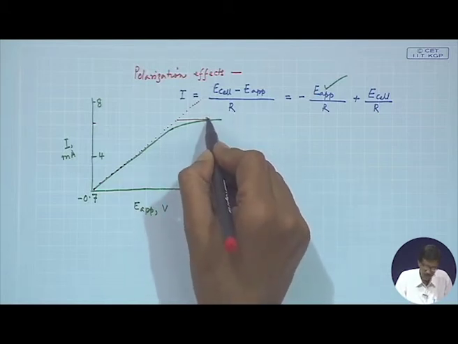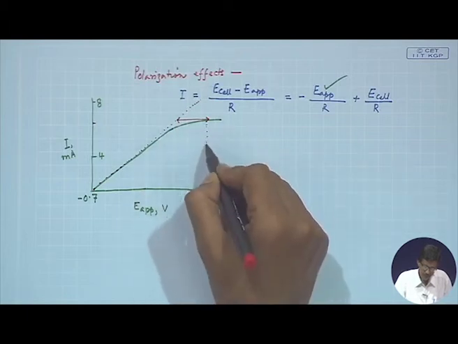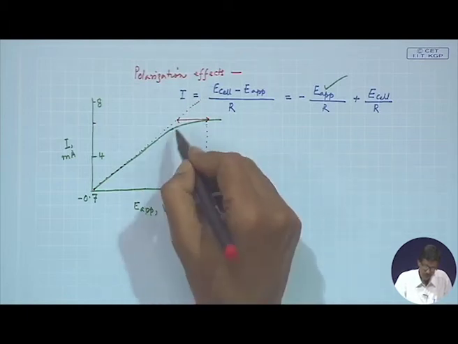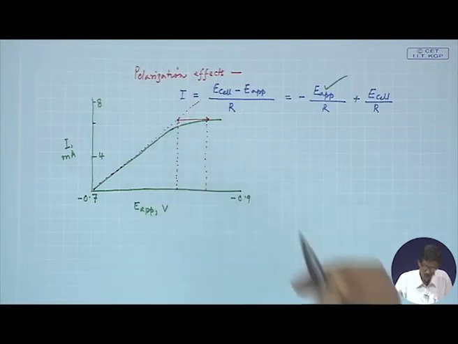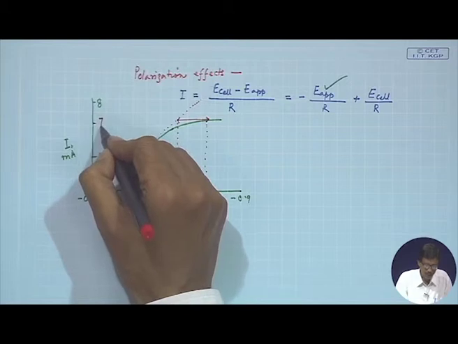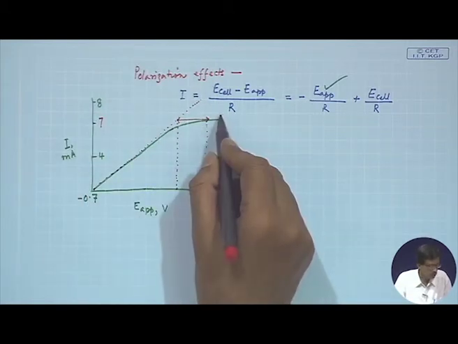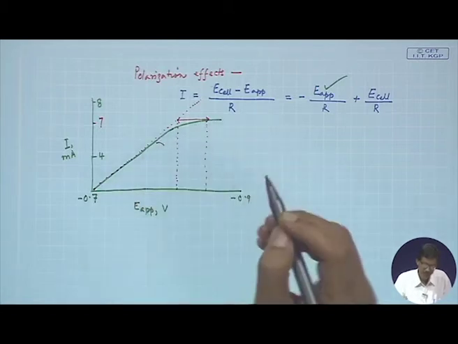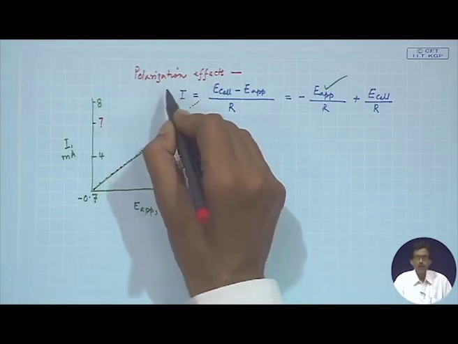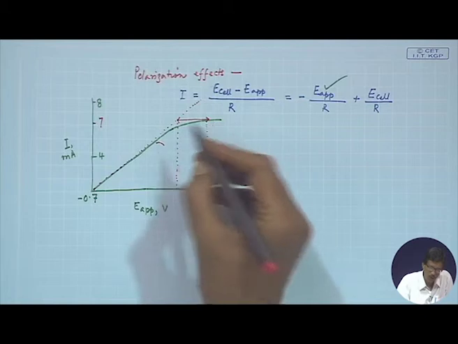So, at this 7 milliampere, how much deviation do we get for this magnitude at 7? Here it is deviating, that means the polarization behavior or the polarization effect is starting at this point.